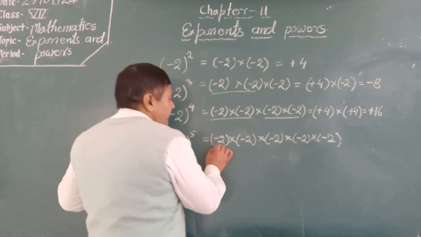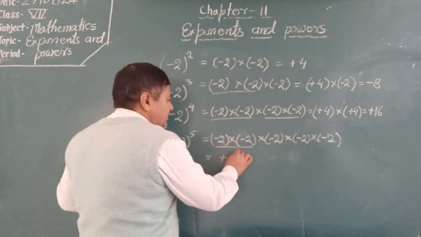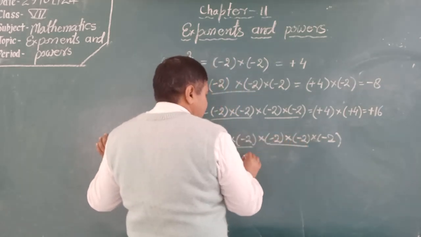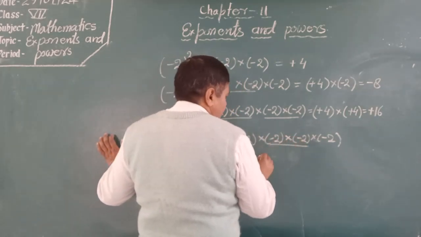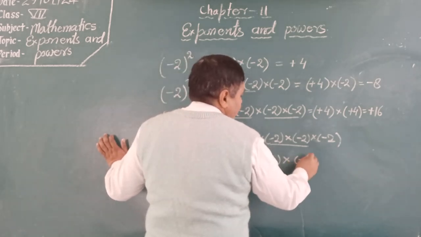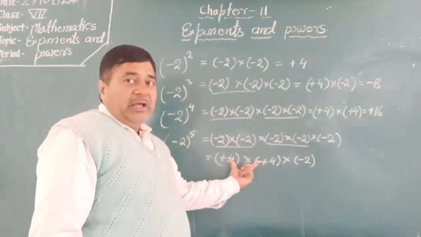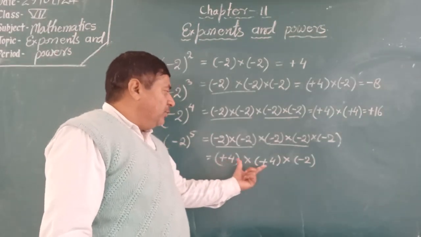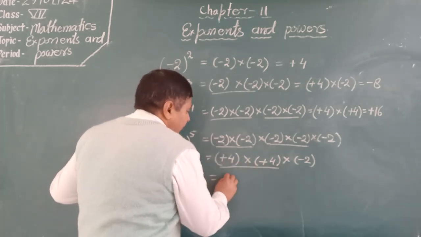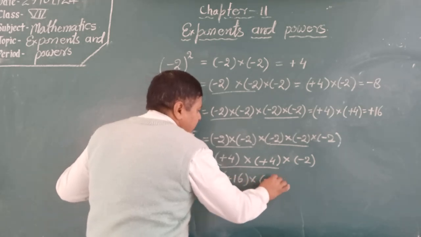First we multiply minus into minus, and we obtain plus 4. And again minus into minus, we obtain plus 4. And here one minus 2 is left. Now plus 4 into plus 4 is plus 16, into minus 2.